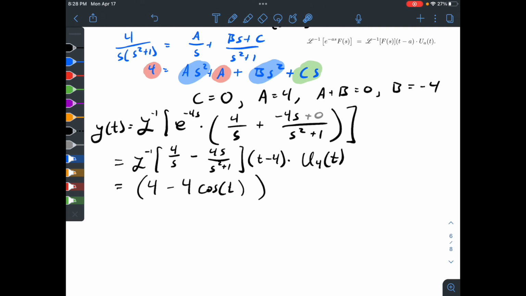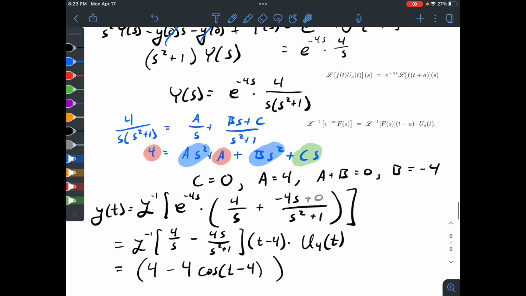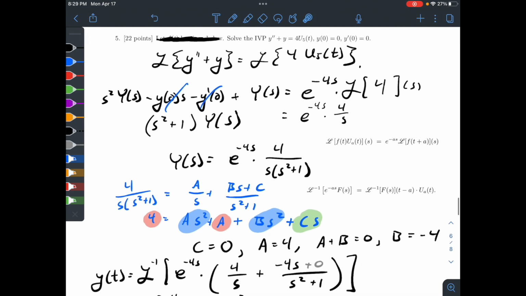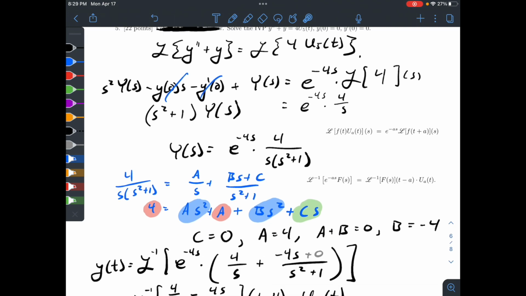So 4 times cosine of t really becomes 4 cosine of t minus 4. And again, same concept as before. If I were to replace our t's with t minus 4's over here, that doesn't make sense. Oh no. Wait.